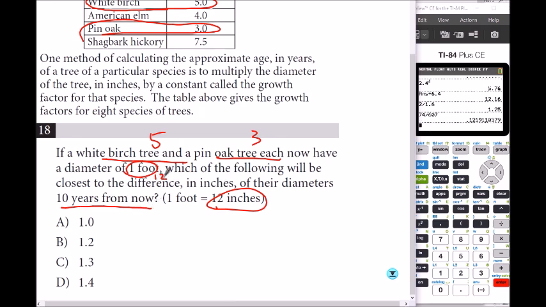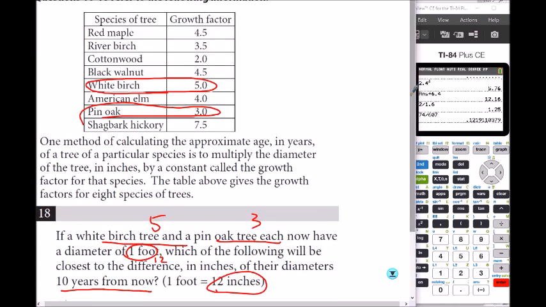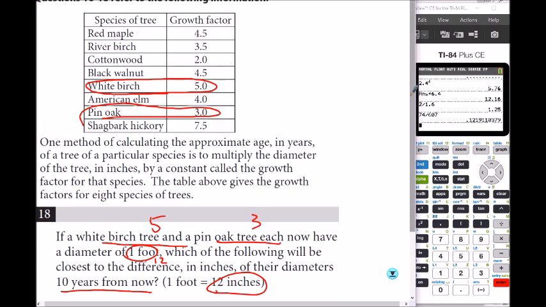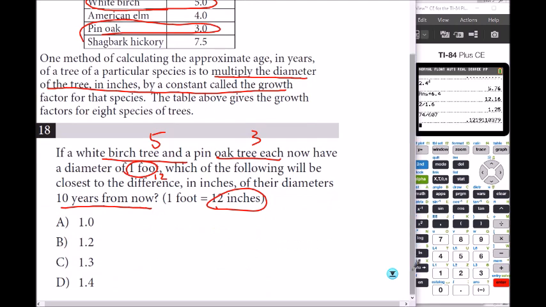So it is 12 times 5, right? This is the growth factor. So again, remember, you can find the approximate age in years of the tree by multiplying the diameter with this constant, right? So how old is this tree now? It's 12 inches, and the factor is 5, so 60 years old, right?